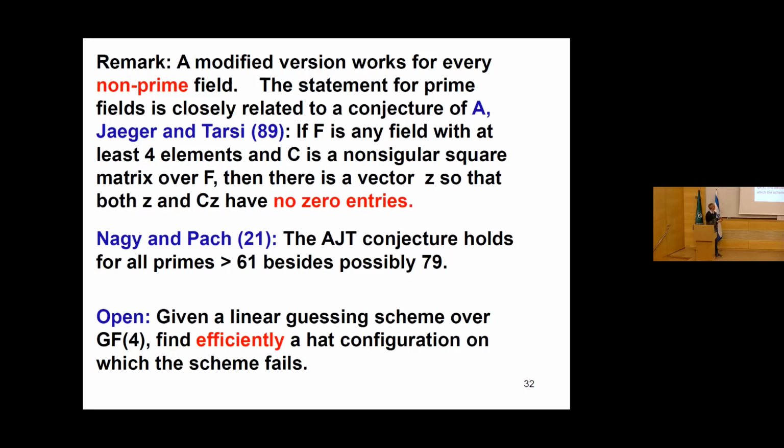And there is a very recent result by Janusz Nagy and Peter Pach, with a later variant together with Esteban Pumon also, that shows that this conjecture holds also for all large primes, all primes that are bigger than 61, besides possibly 79.